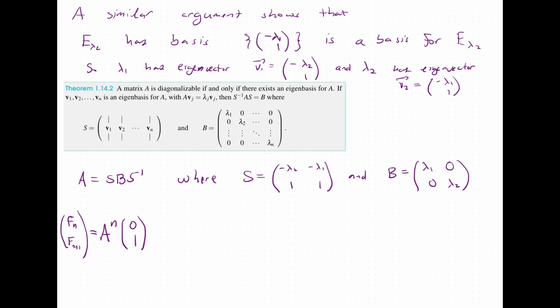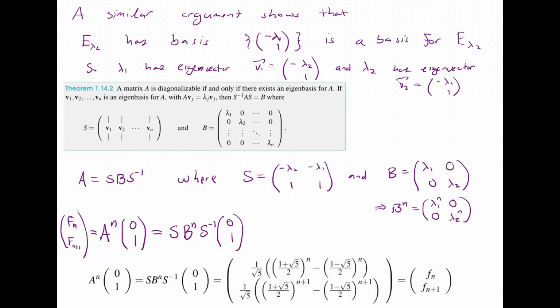So if we go about computing this, we get, after doing the computation, that A to the n times 0, 1 is going to give us this column vector. But to find the nth Fibonacci number, we know that that's just the first entry in the column vector. And there we have it. We have Binet's formula by doing this matrix multiplication. And we are done. We have computed the nth Fibonacci number.